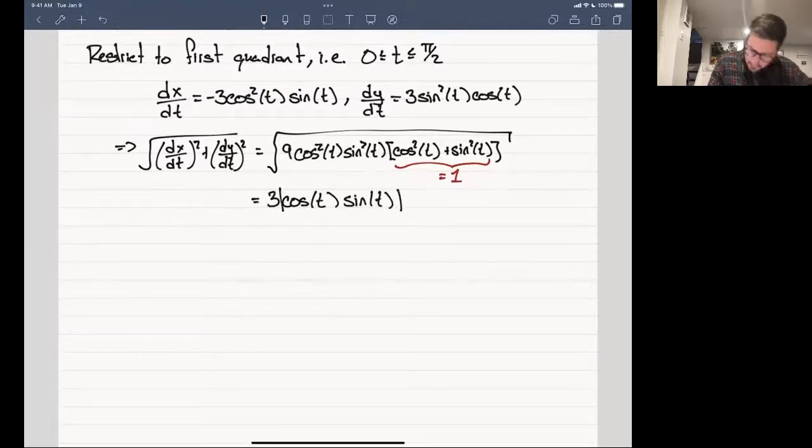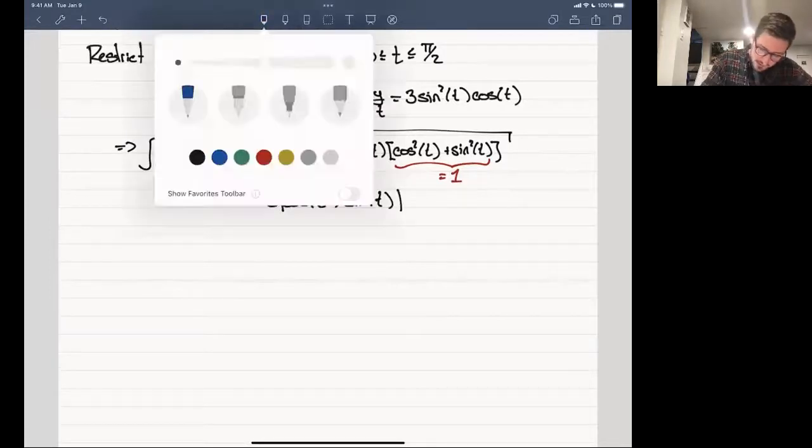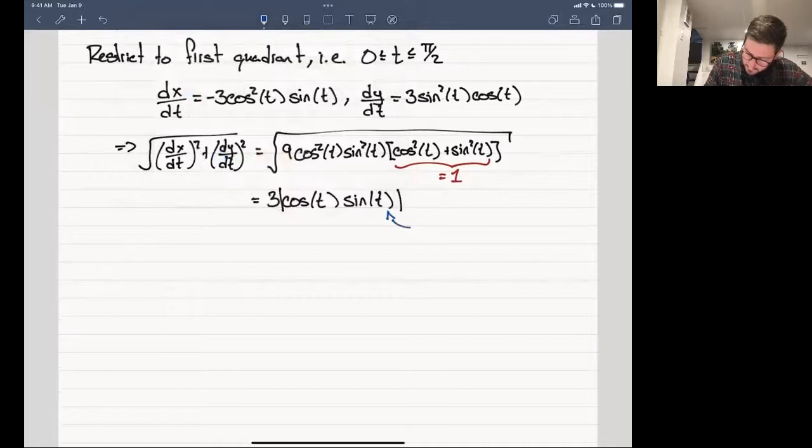But technically, because I'm taking a square root of that, I have to put an absolute value around it. Now, I don't want to have to deal with absolute values, and neither do you. But luckily, because I restrict myself to the top quadrant, this thing right here is non-negative. So cos of t times sine of t is greater than or equal to 0 for 0 less than or equal to t less than or equal to pi over 2.